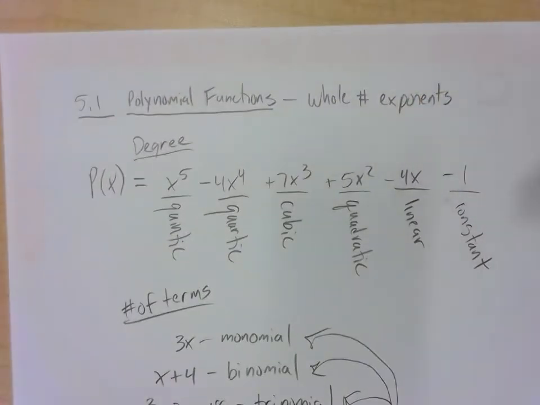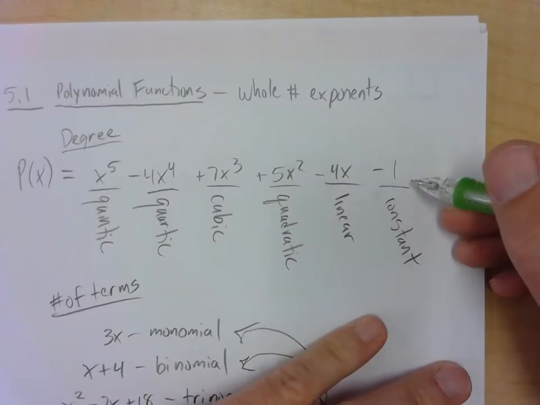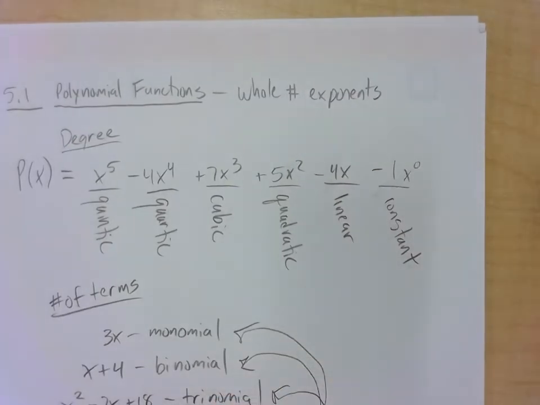Whole number exponents, that's what makes it a polynomial. So we don't have any fractional exponents or decimal exponents or negative exponents. They're all whole numbers, including 0, right? Because you could say right here, this is x to the 0 power. So it's all in order.